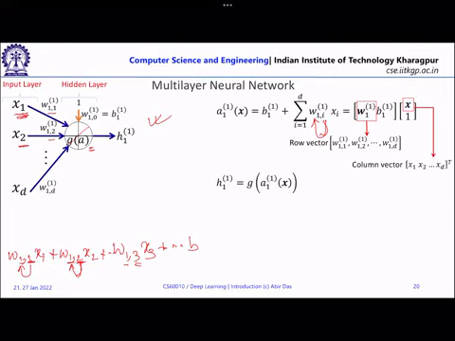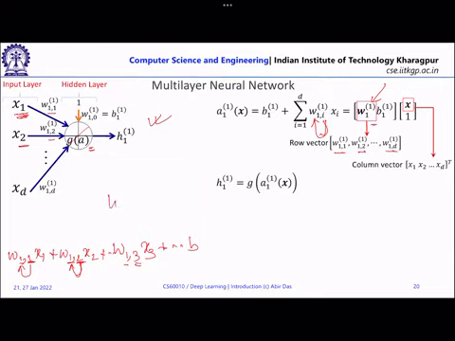Now we can write it again very similarly as a matrix-vector or vector product. This W1 1, W1 2, up to W1 D, are collected in a row vector, denoted by the bold lowercase w1, and on top there is a superscript which tells which layer it is.